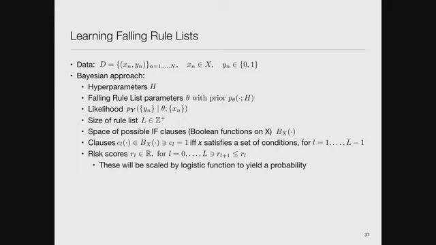And there's a Bayesian approach, a Bayesian generative approach, where they have a bunch of hyperparameters, falling rule list parameters, theta. They calculate a likelihood, which is, given a particular theta, how likely are you to get the answers that are actually in your data, given the model that you generate.